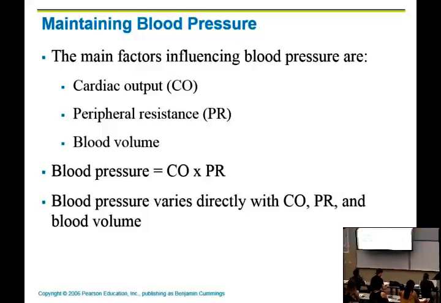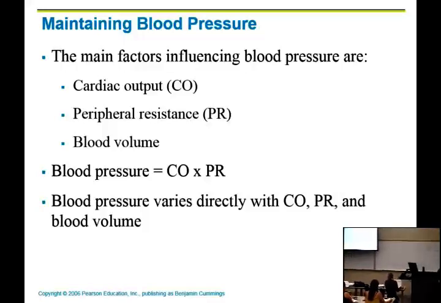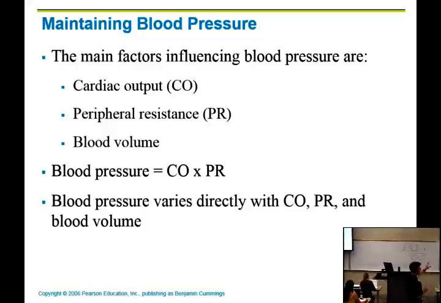So if we have changes in, for instance, cardiac output, the number of squeezes per minute or how strongly we're squeezing each time, that's going to affect blood flow because that's the 70 milliliters that's getting pushed out each time. But also, if there are changes in the vascular part of the cardiovascular system, like changes in diameter of the blood vessels or whatever, that's going to affect resistance.